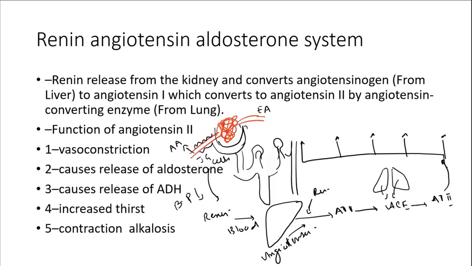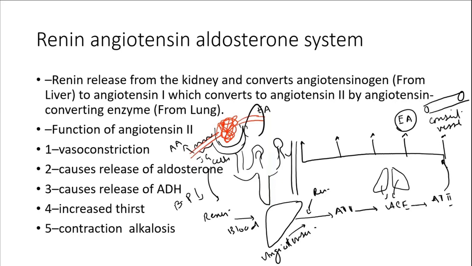So angiotensin 2, first it can constrict vessel. It can cause vasoconstriction of the vessel. Second, because it's causing vasoconstriction, it will also constrict efferent arteriole, which is this artery coming out of the glomerulus.